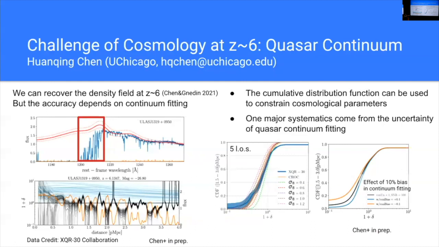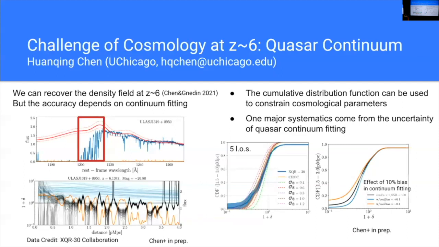And with this, we can potentially constrain the cosmology, like sigma 8. This new measurement at redshift 6 opens a new window for us to understand the cosmology. And we can see that with only 5 quasar sightlines we can already potentially constrain sigma 8 to the 10% level.